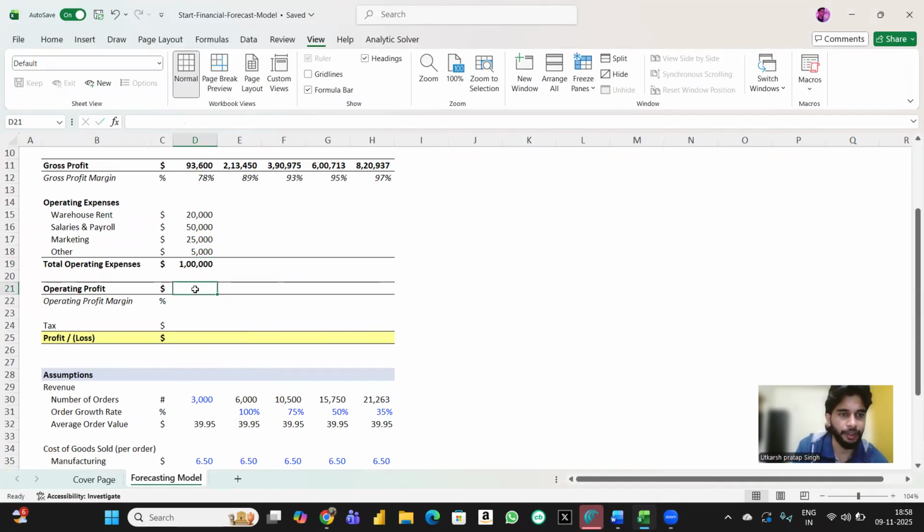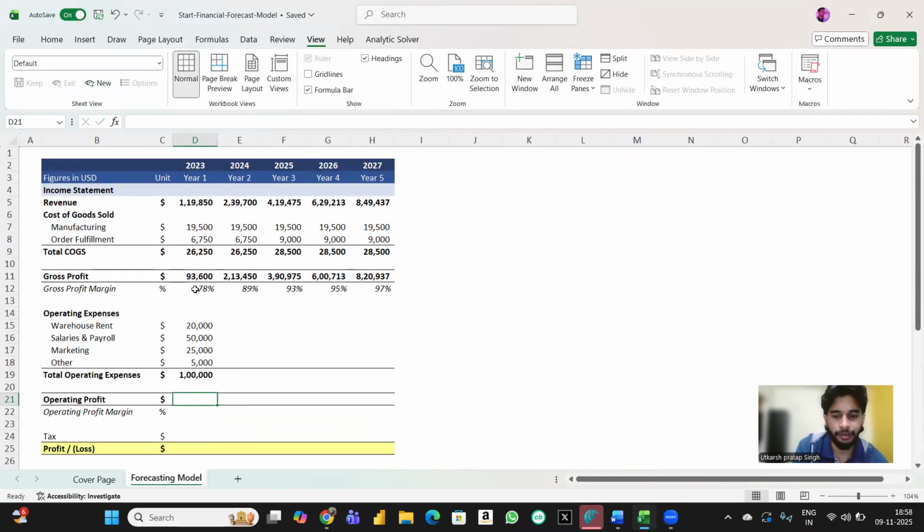And for calculating the operating profit, it would be equal to revenue minus total cost of COGS minus total operating expenses. The operating profit for that was negative 6,400. And as we can see, it is also the difference of gross profit minus total operating expenses, which also comes out the same.